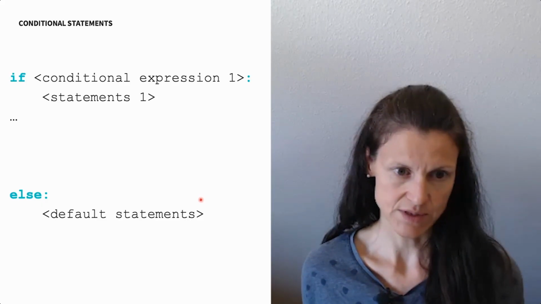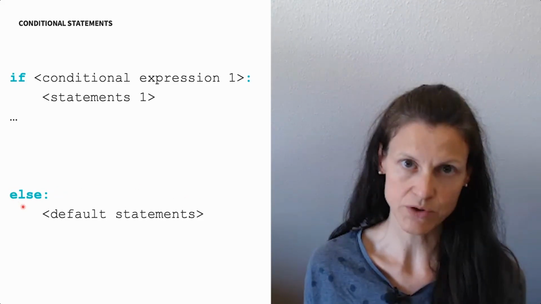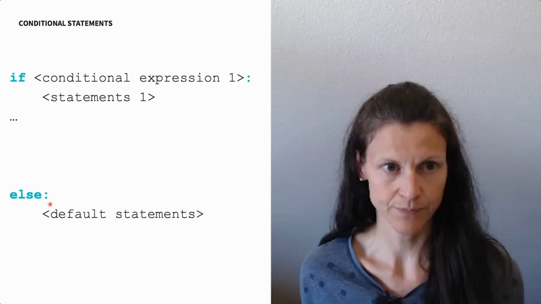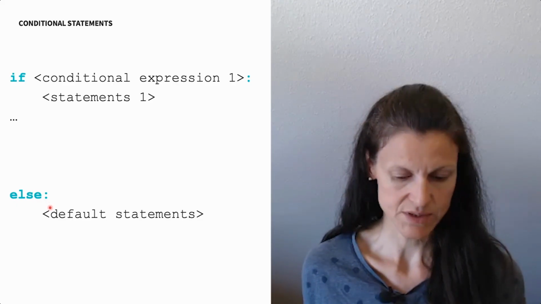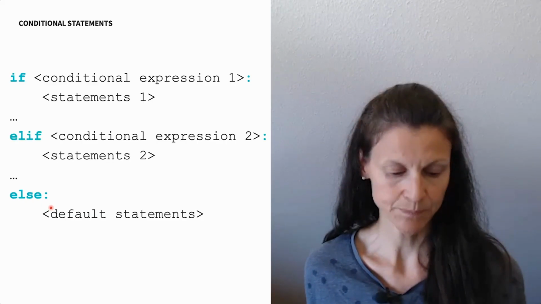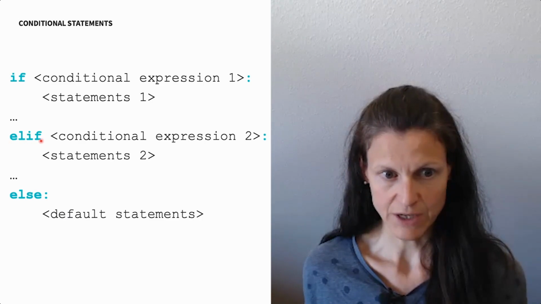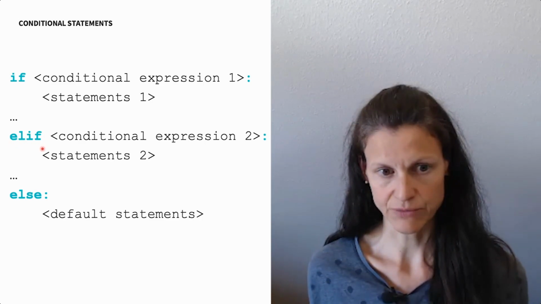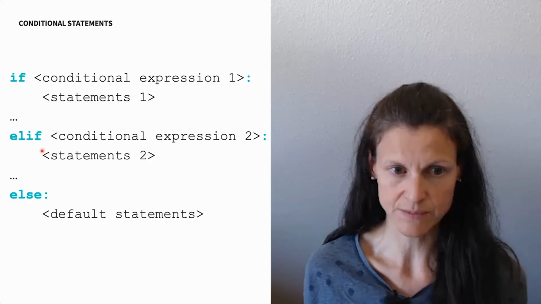So the consequence of this is that the else block doesn't have its own condition because it refers to the preceding if clause. And then what you can also do is insert in between, optionally, elif clauses. Elif is a combination of else and if. An elif clause also refers to a preceding if clause.